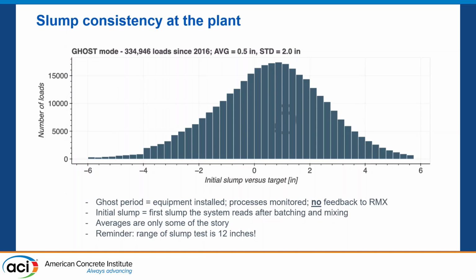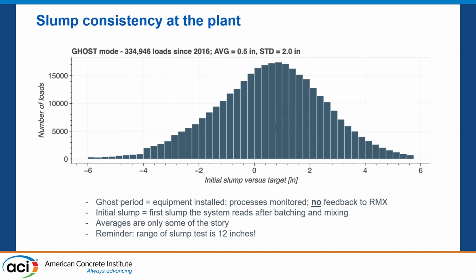All right, so what we have here is something that we do working with ready mix producers. We install sensors, and then we basically let it run and don't tell them what it's saying. We call this ghost mode. It's on there, it's recording all the data, but we don't give any feedback, so they're not making any changes.